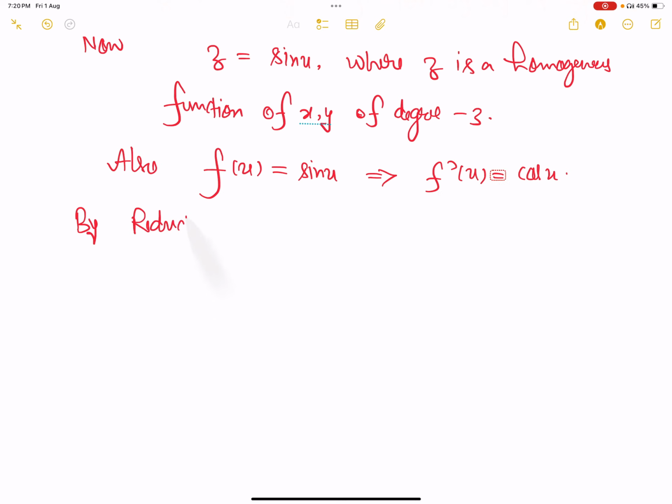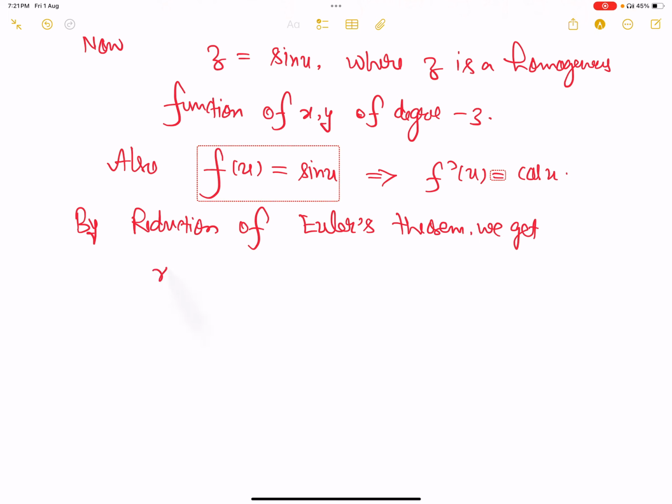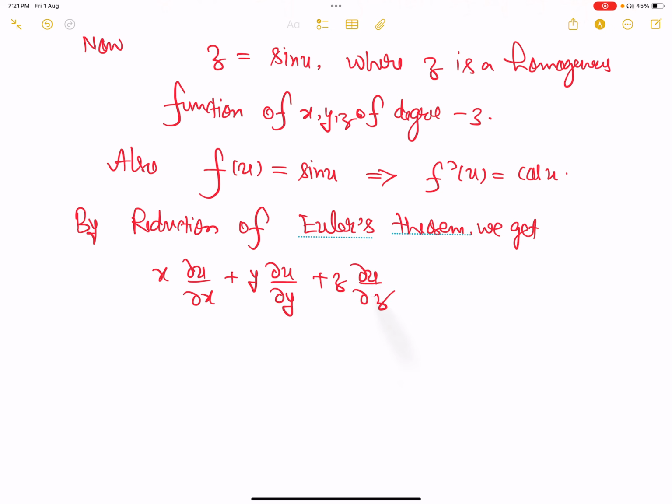By reduction of Euler's theorem, we get x del u upon del x plus y del u upon del y plus z del u upon del z, since this is a homogeneous function in x, y, and z, three variables, is equal to n f u upon f dash u.